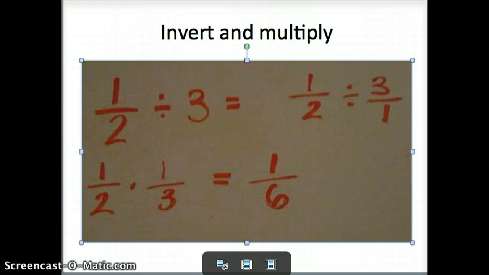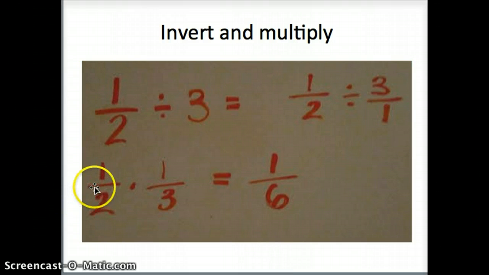And then when you invert and multiply, you end up with 1/2 times 1/3. So you multiply 1 times 1 is equal to 1, and 2 times 3 is equal to 6. So 1/6 cup of flour for each recipe.